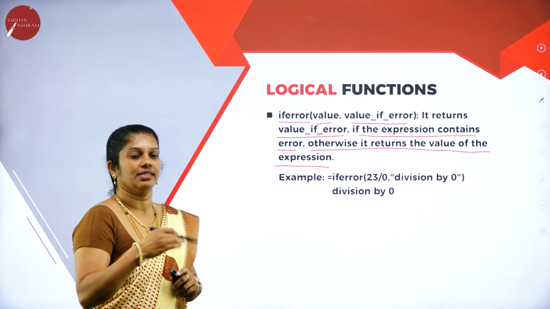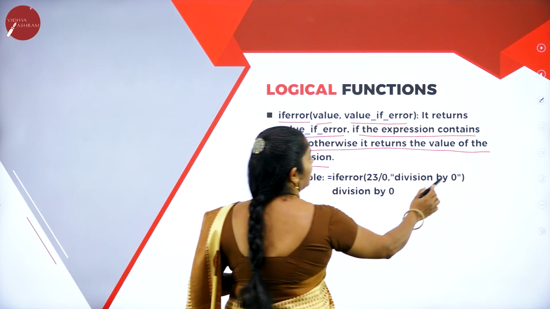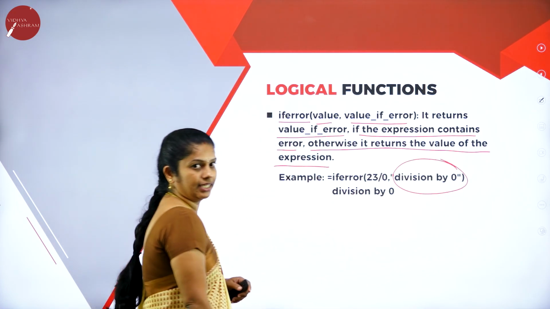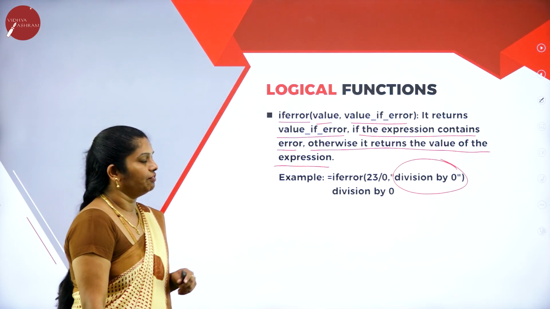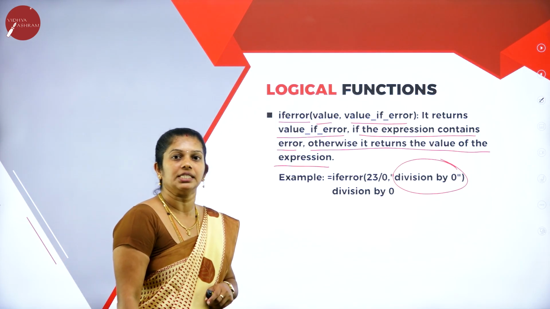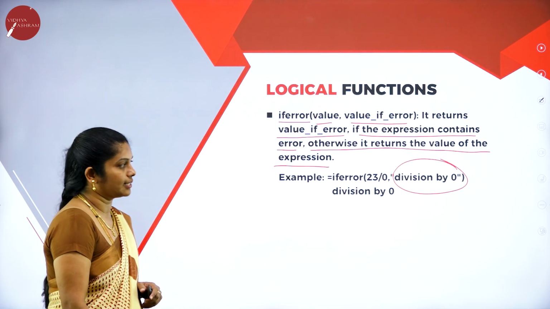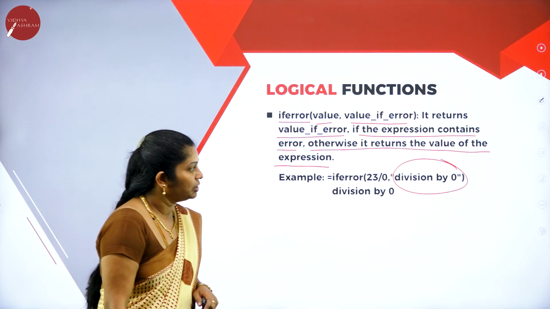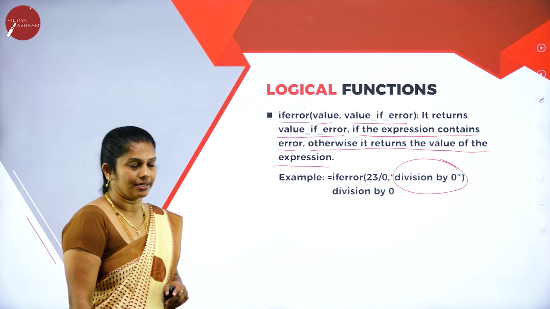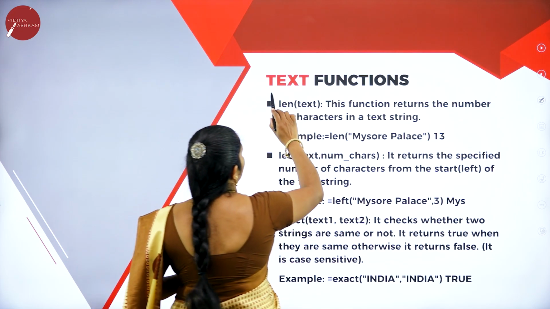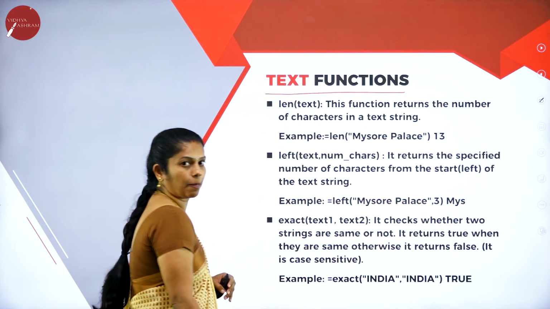If there is an error, then it will display whatever value we have given here. If any number is divided by 0, then it is an invalid operation, is it? That's why it will display division by 0. Now is it clear?